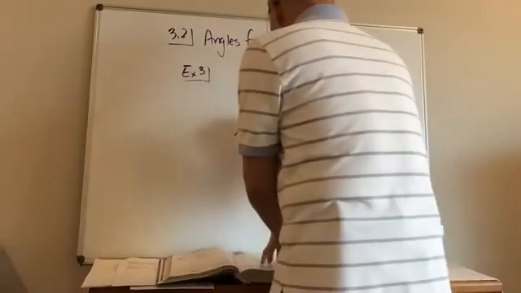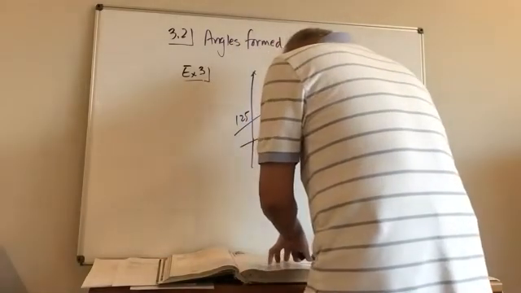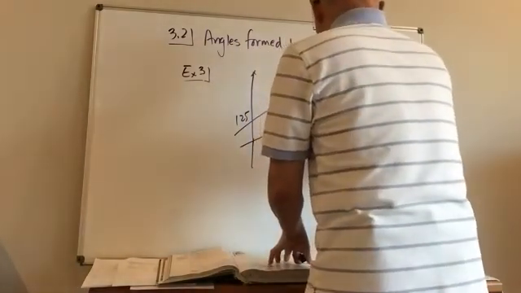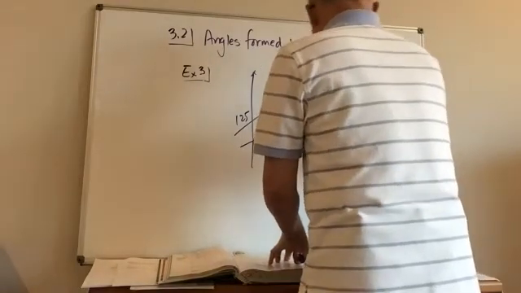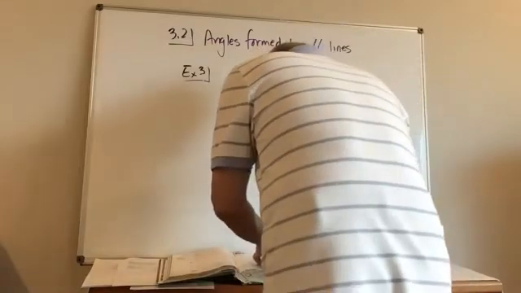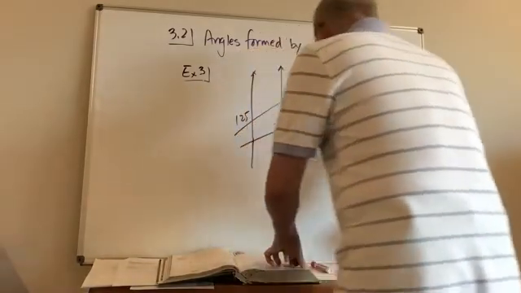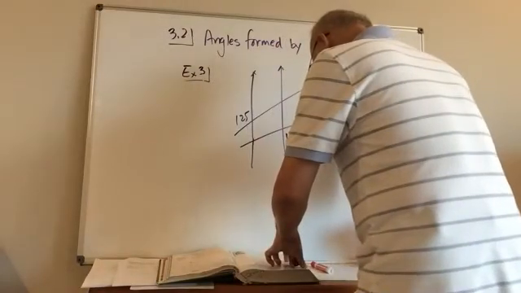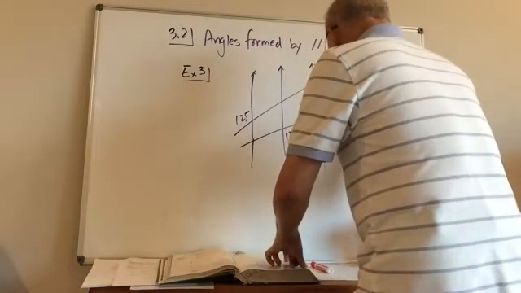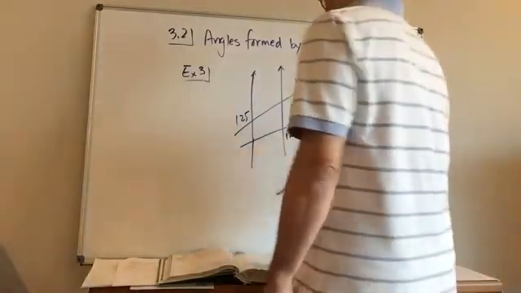I am told that this is 125, and this guy here is 25x plus 5y. And then I have this as 120, and this guy here is 25x plus 4y.